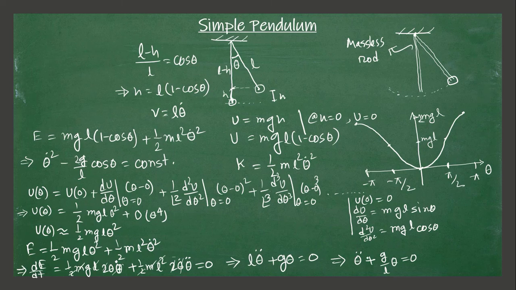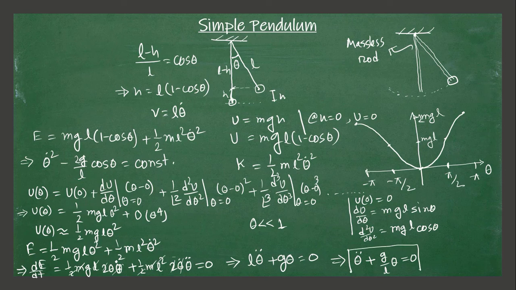The only difference here is we used angular variables. That is, if we consider theta to be very, very small. How small? Here we consider theta to be very much smaller than 1. Then we can approximate the motion of a simple pendulum here as simple harmonic motion.